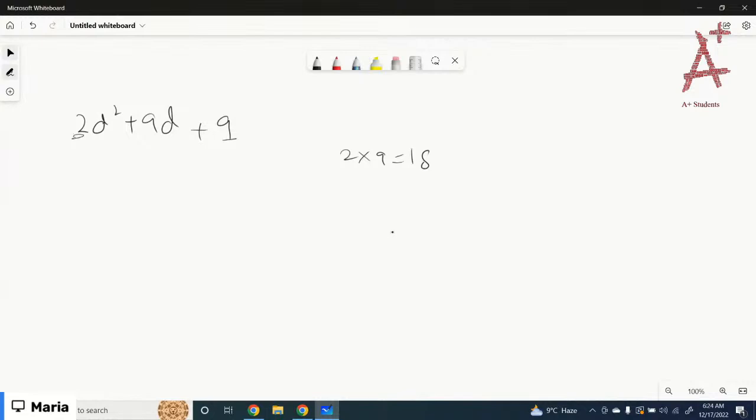You have to look for the two numbers that when multiplied make 18 and when added make 9.